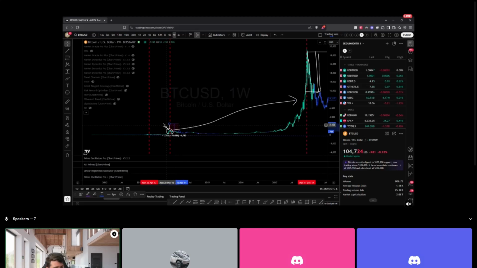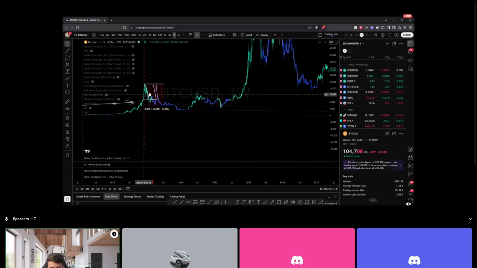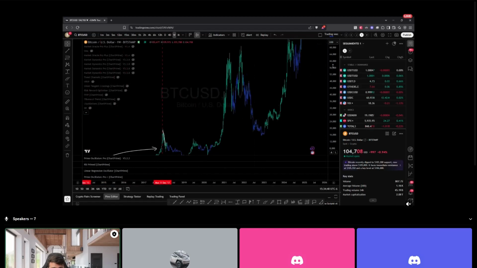So back in the day, because of the money allocated in Bitcoin, the market cap, we needed less money to make a bigger movement. Now we need much more money to make the same movement. And this keeps going upwards and upwards, right? So the more money we have, the bigger the movement that we're going to be having.